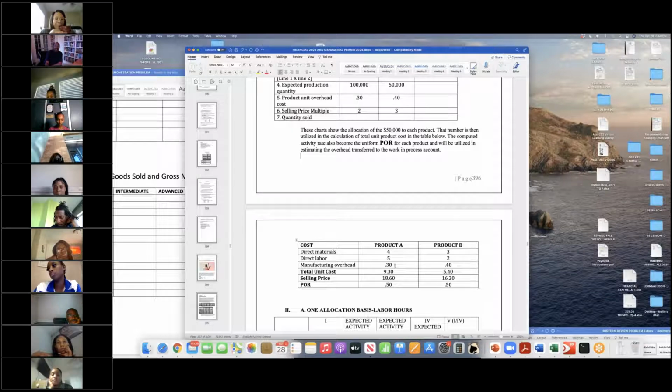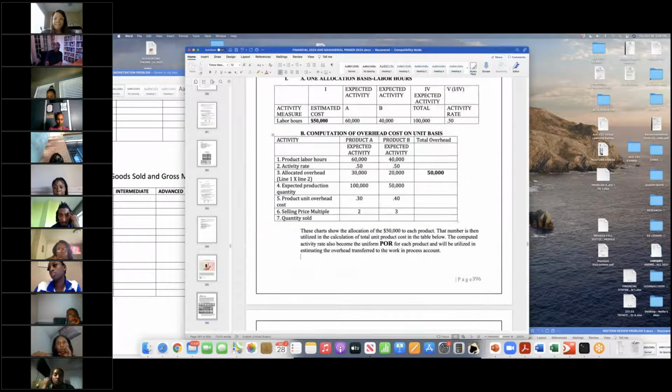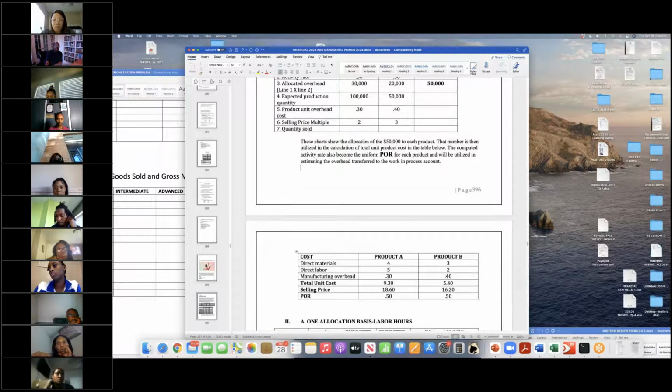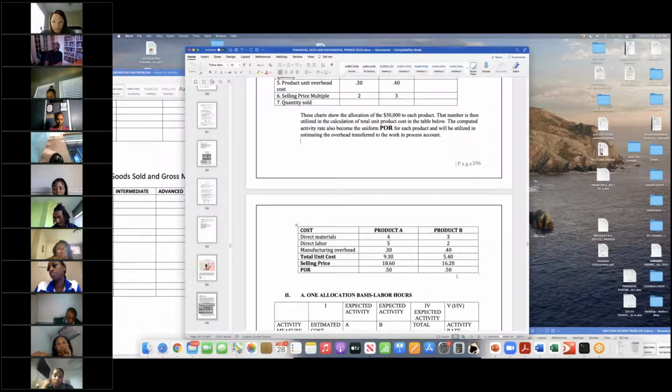The manufacturing overhead, 30 cents and 40 cents. So what this process did in these two steps was to come up with that unit overhead cost, which we estimated. We added the costs together. We did get a total unit cost of 9.30 and 5.40. We apply our selling price multiples, and the POR is going to be 50 cents each time.